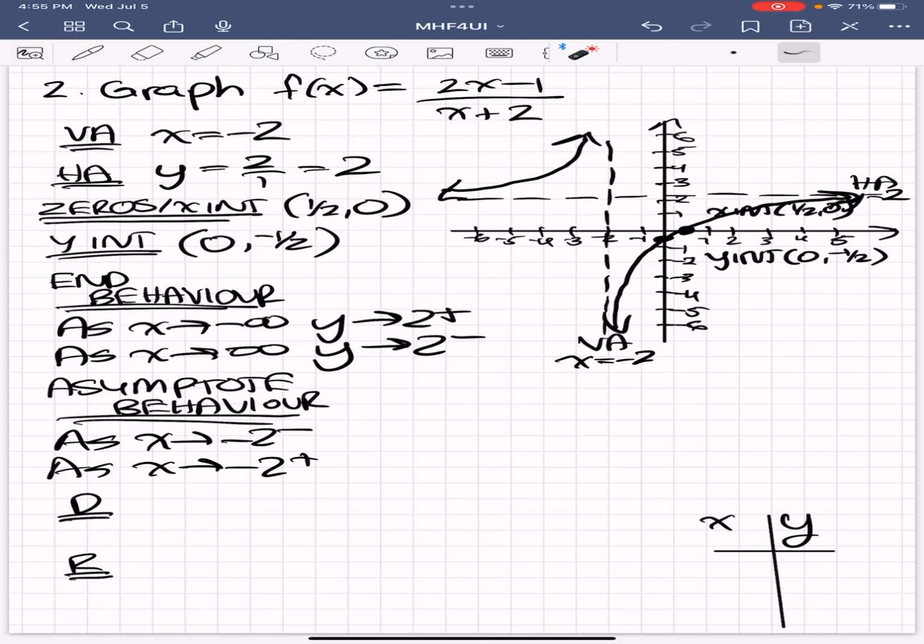As the graph approaches -2, the VA, from before the VA, y approaches infinity.